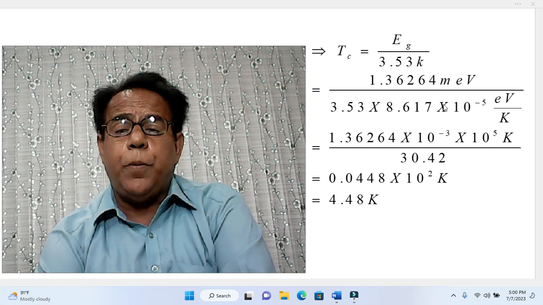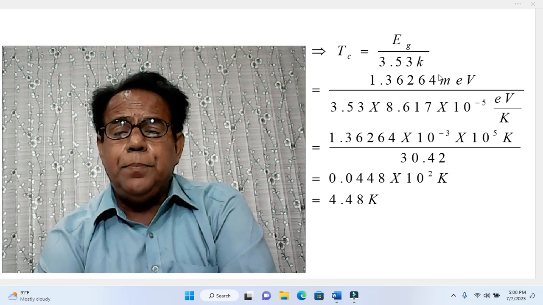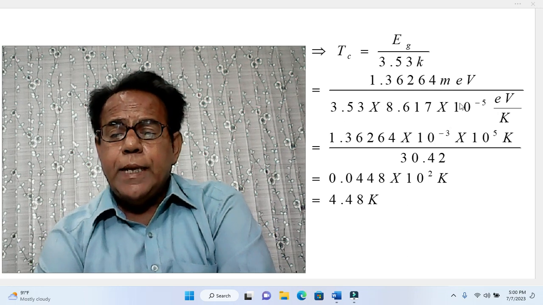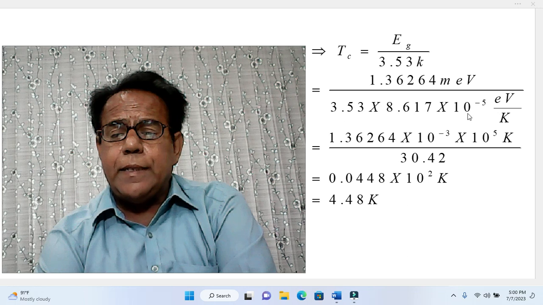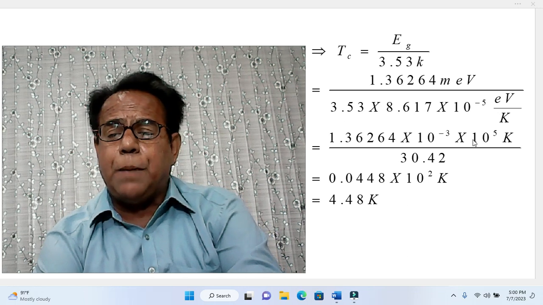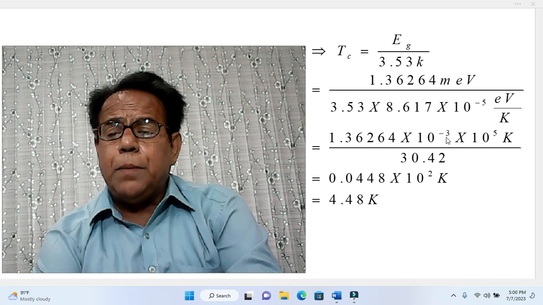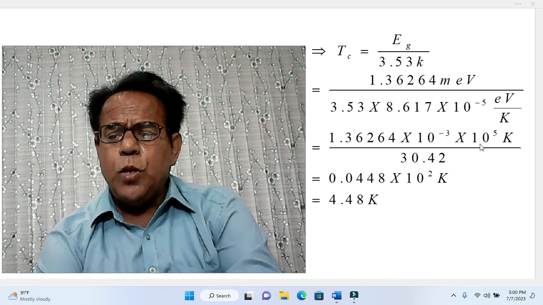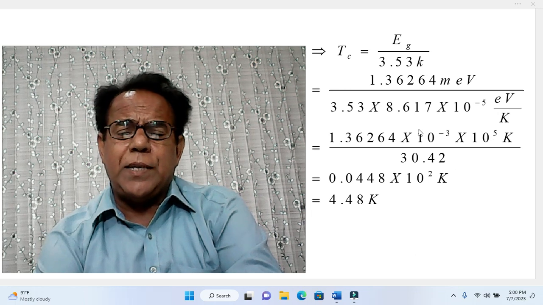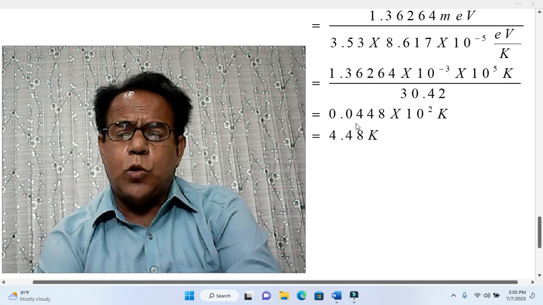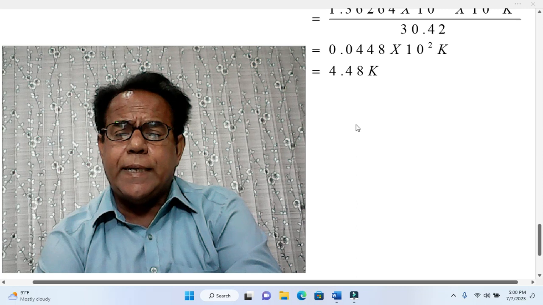So this milli will be replaced with 10 raised to the power minus 3. This 10 raised to the power minus 5 has been shifted to the numerator and it has become plus. So their combined effect will become 10 raised to the power plus 2 in the next step. After simplification we get the result: critical temperature Tc equal to 4.48 Kelvin.